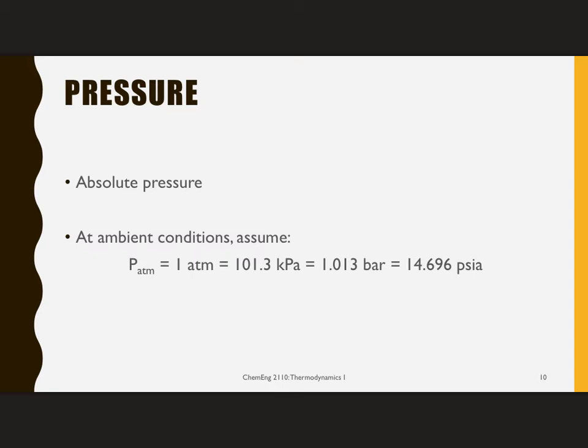Most of our problems are going to work with either pressure or temperature. In pressure, it's very important that we work with absolute pressure. Absolute pressure is what I feel, or the gauge pressure, and add that to the atmospheric pressure, what is in the surroundings around me.